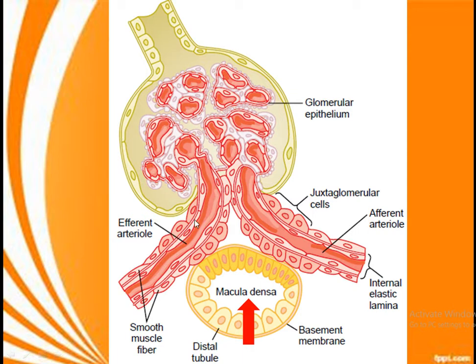What should they do? In response to decrease in the blood pressure, they cause the vasoconstriction in the efferent arteriole, and these are the specialized cells which are very close to the arteriole. The juxtaglomerular cells are going to produce the renin.